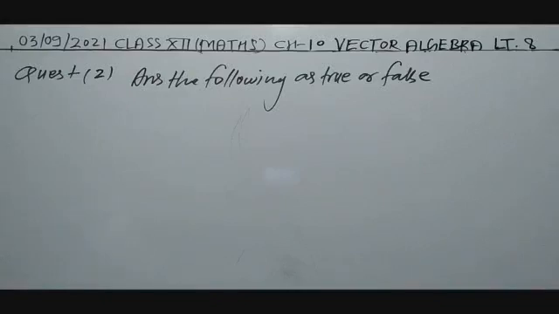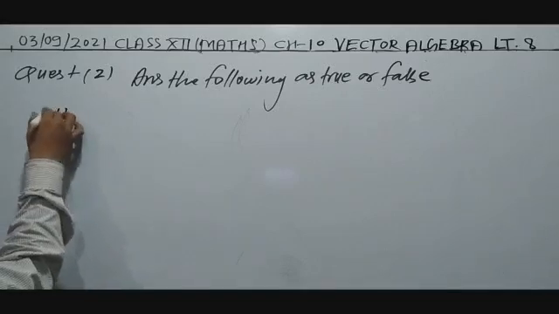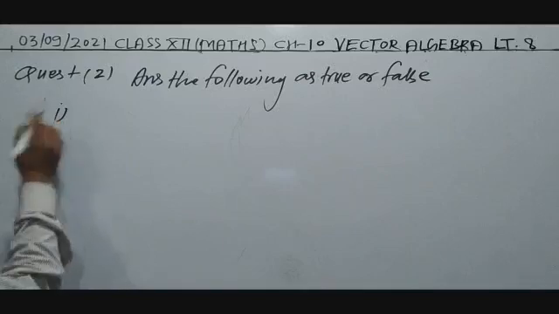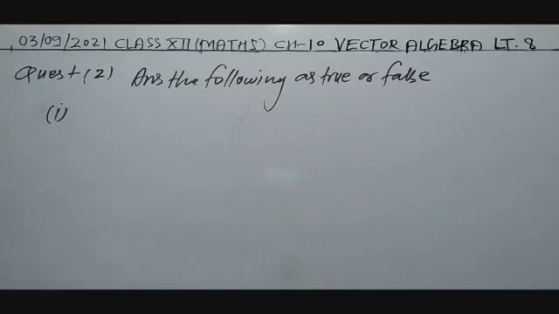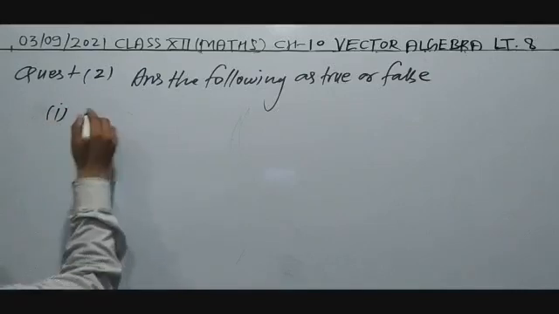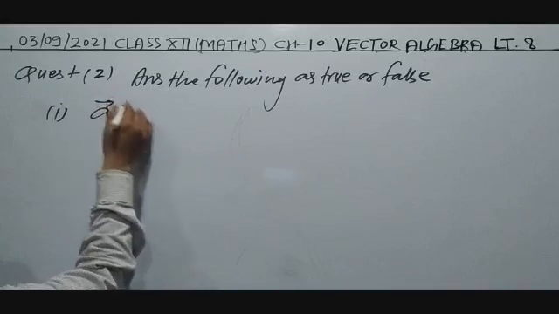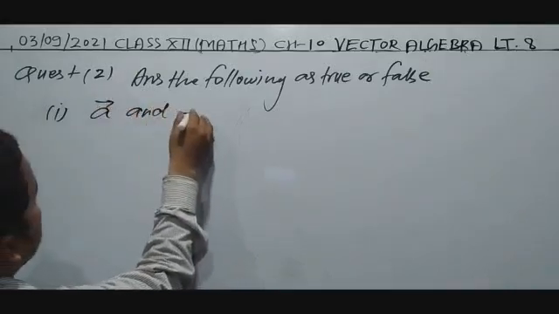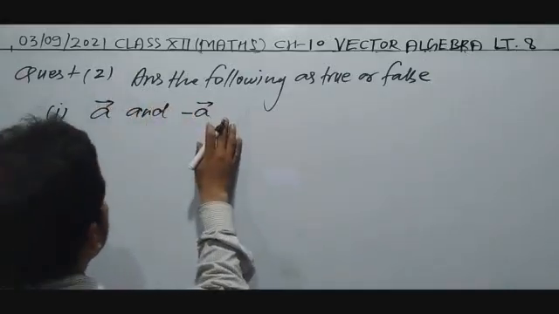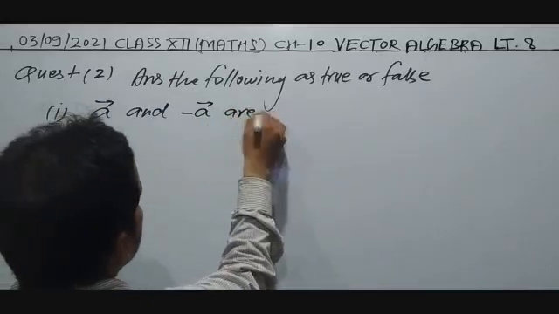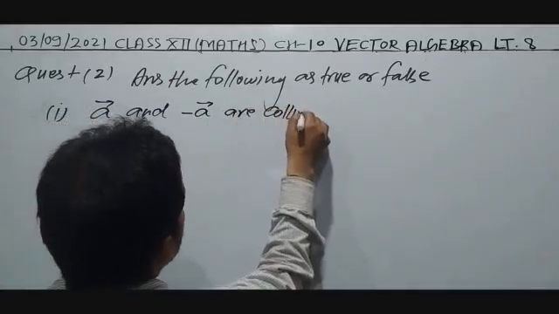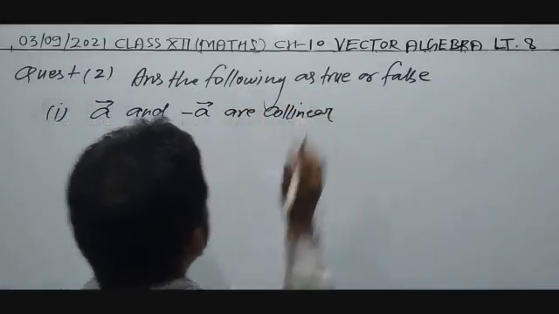The first statement: vector A and vector minus A are collinear.